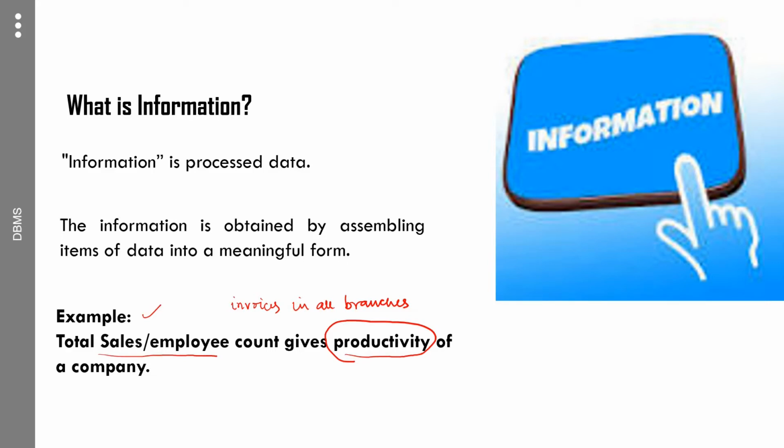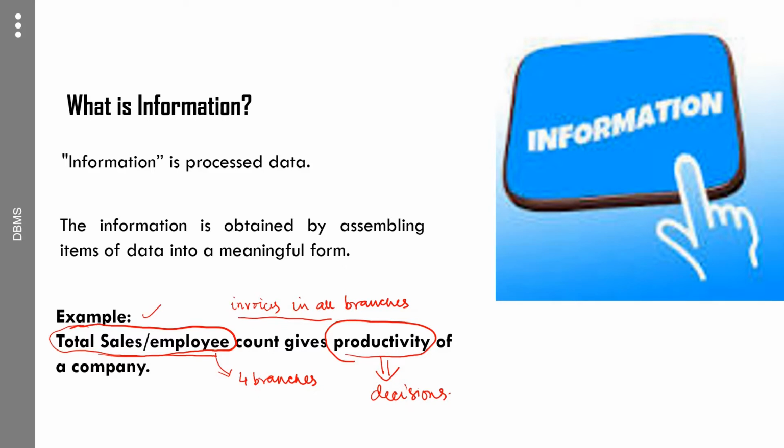So what I'll be doing, I'll be getting the invoices branch wise and branch wise I will calculate total sales divided by employee count. Maybe I am having 4 branches. So I need to calculate total sales per employee count for all these 4 branches, isn't it? And I will get some productivity information about the company and accordingly, definitely I can take some measure. So you have understood the importance of this processing of data.